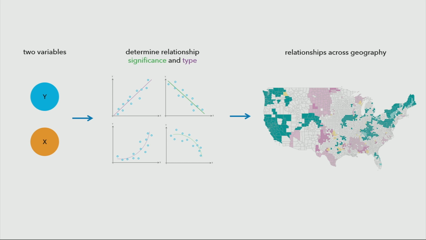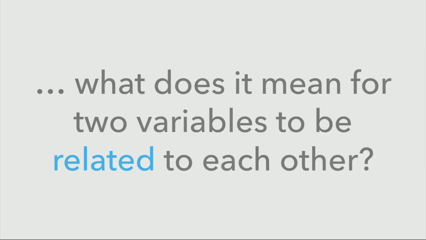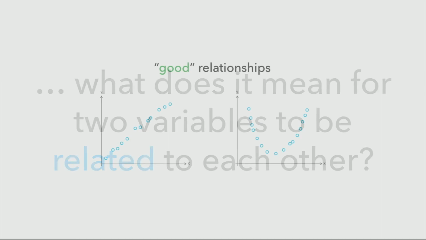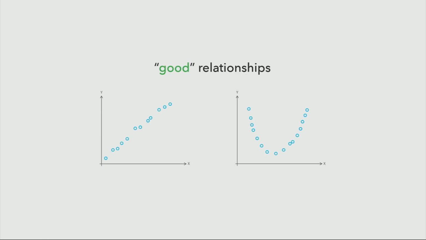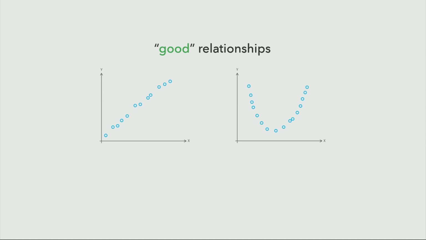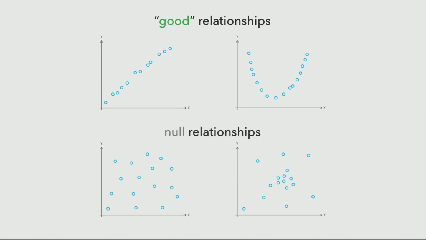And this can be really useful if you're trying to evaluate a potential model, right? So what does it mean for two variables to be related to each other? We've already looked a little bit at that earlier, but in this case, the tool is going to work with good relationships, perhaps this linear relationship or the quadratic relationship, and try to differentiate those from null relationships, right?